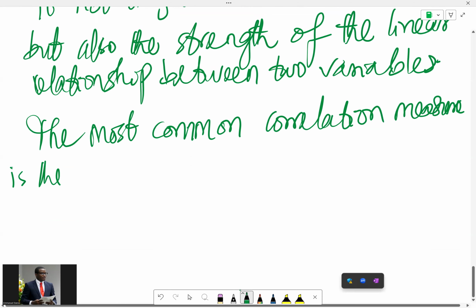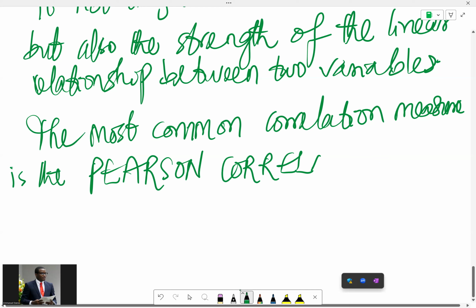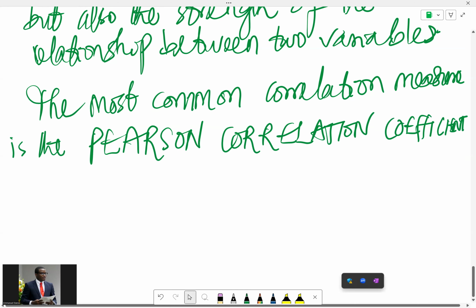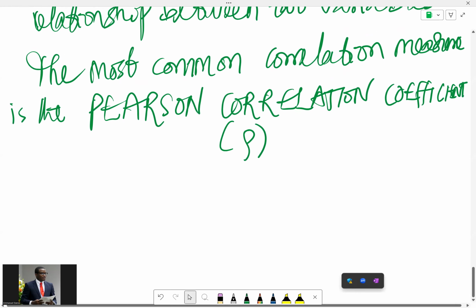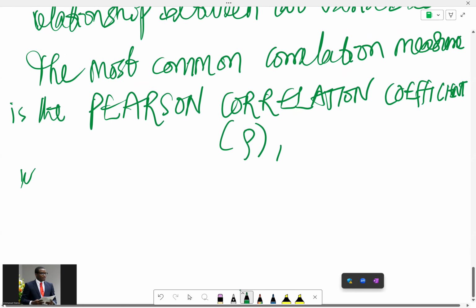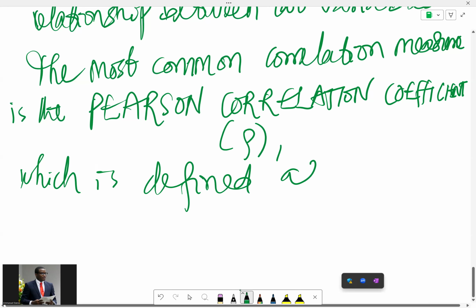is the Pearson correlation coefficient. It's usually signified by a rho. The Pearson correlation coefficient, signified by a rho, is defined as this.